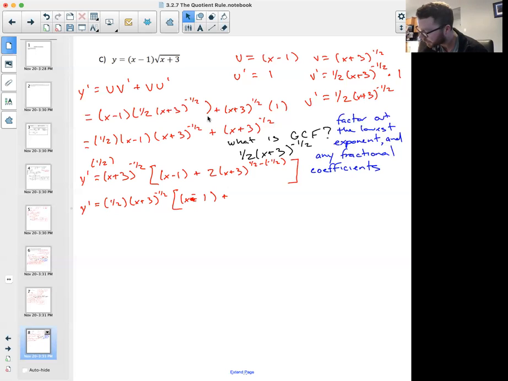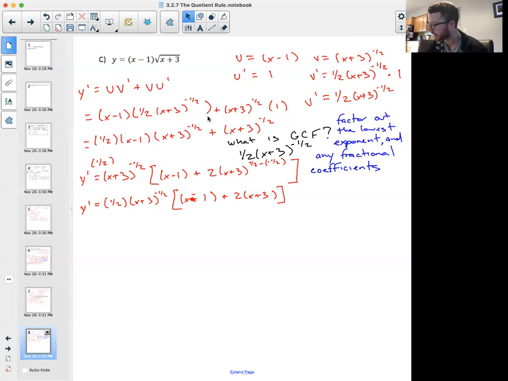So plus 2x plus 3. And then 1/2 subtract negative 1/2. So we're adding a half. That'll just be to the power of 1 there.